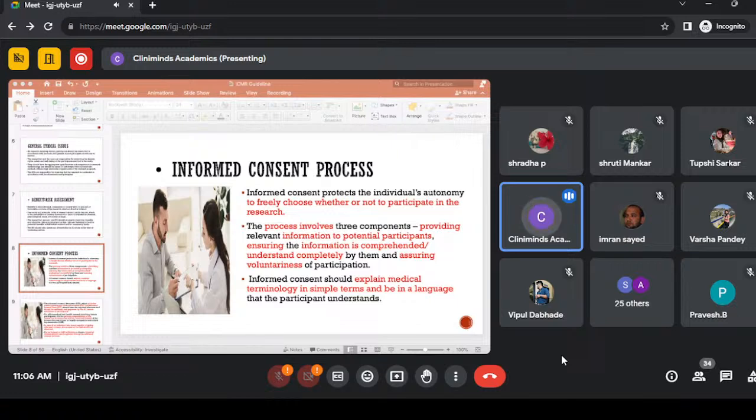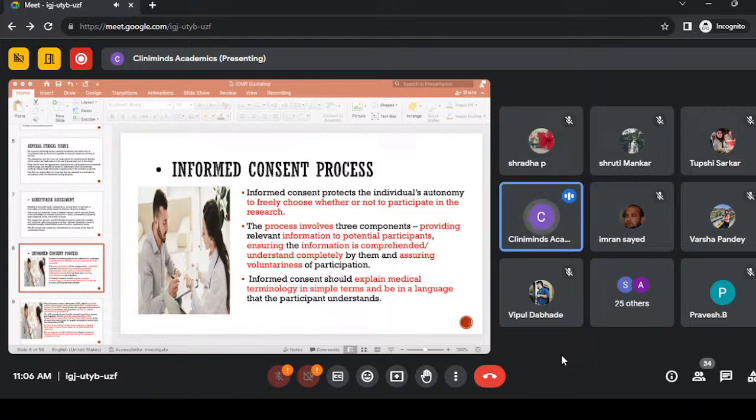No. The information that we have passed should be completely understood by the subject. If the subject does not understand the complete information, it will still be considered an invalid informed consent process. Okay. So first we need to provide the complete information to the subject.